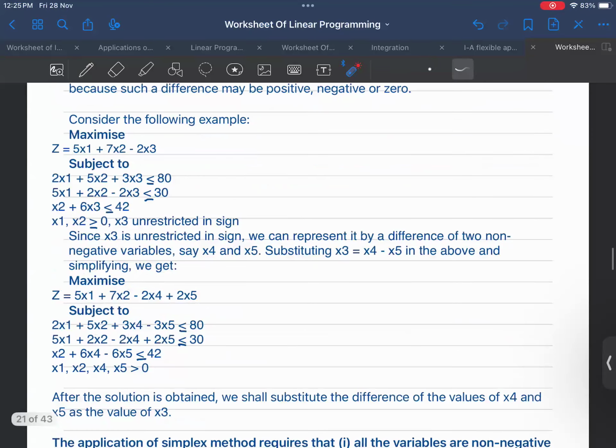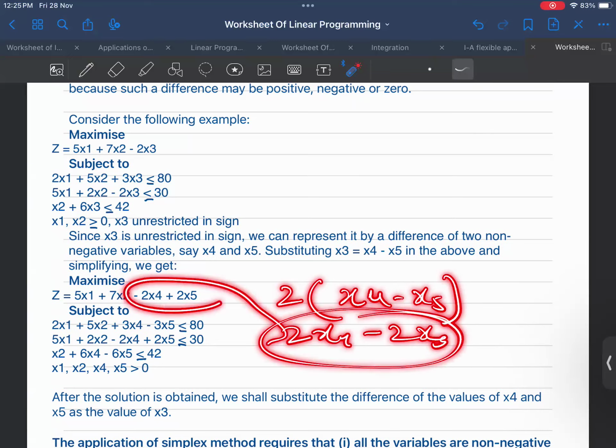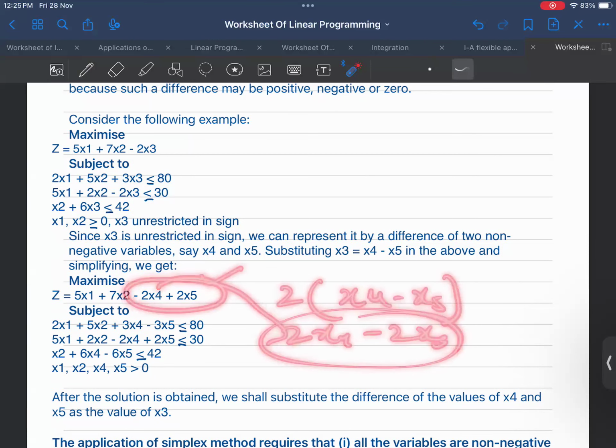If we simplify, our formulation of the LPP would be: maximize z equals 5x1 plus 7x2, and then we add the x4 term. Wherever it was x3, in place of x3 we write x4 minus x5, so minus 3x3 becomes minus 3x4 plus 3x5.